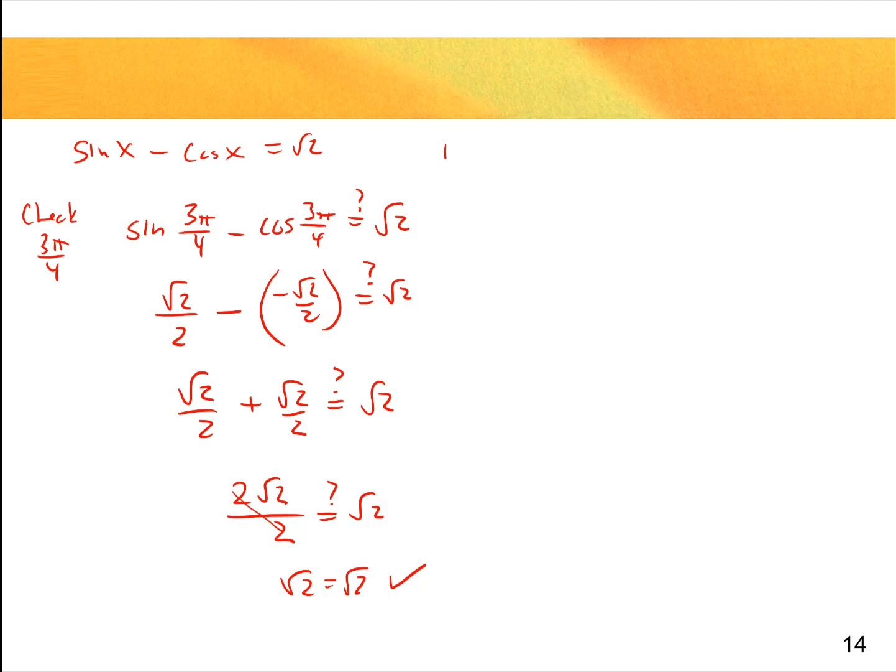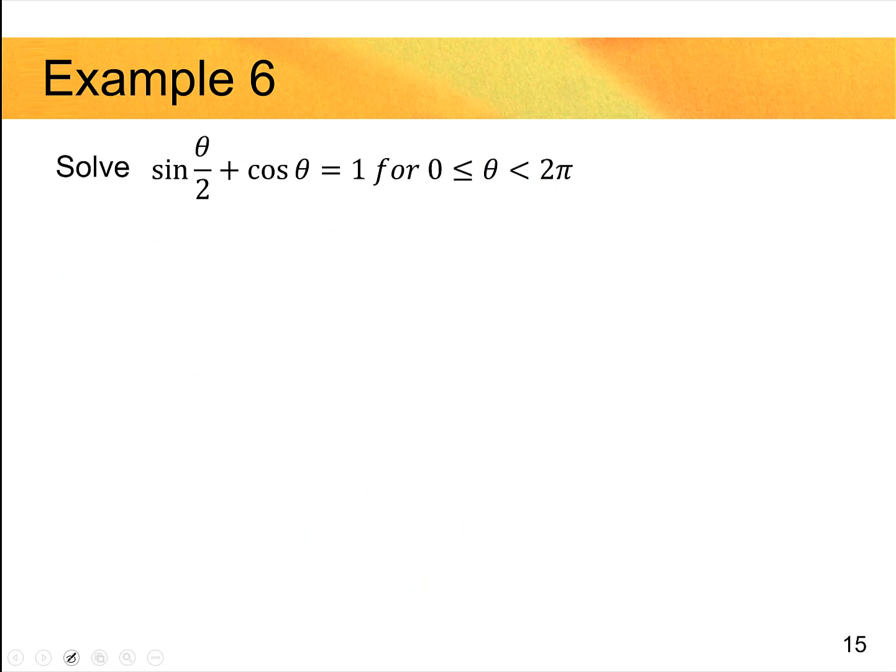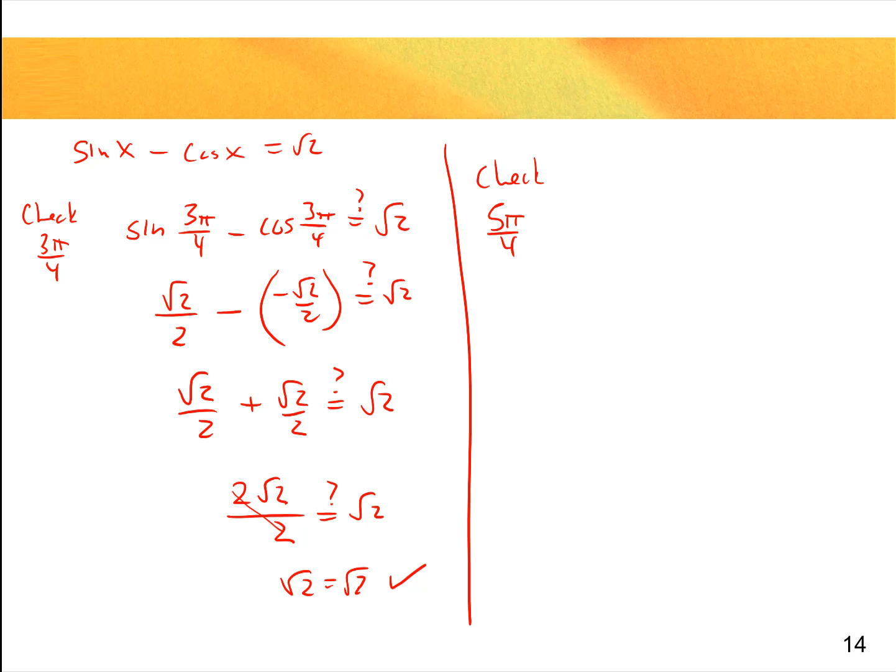Okay, let's check out the other one here. Let's check out 5 pi over 4. Let's see if that does it. Sine of 5 pi over 4 minus cosine of 5 pi over 4, question mark, gives me radical 2, yes or no?